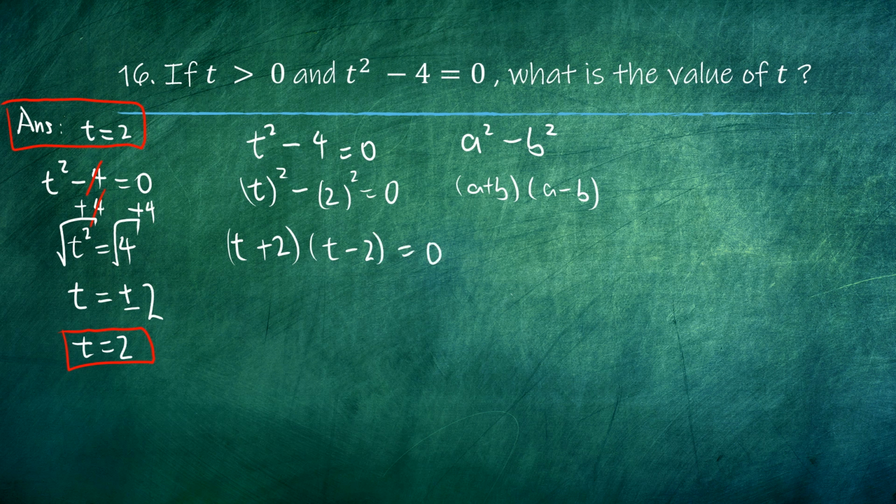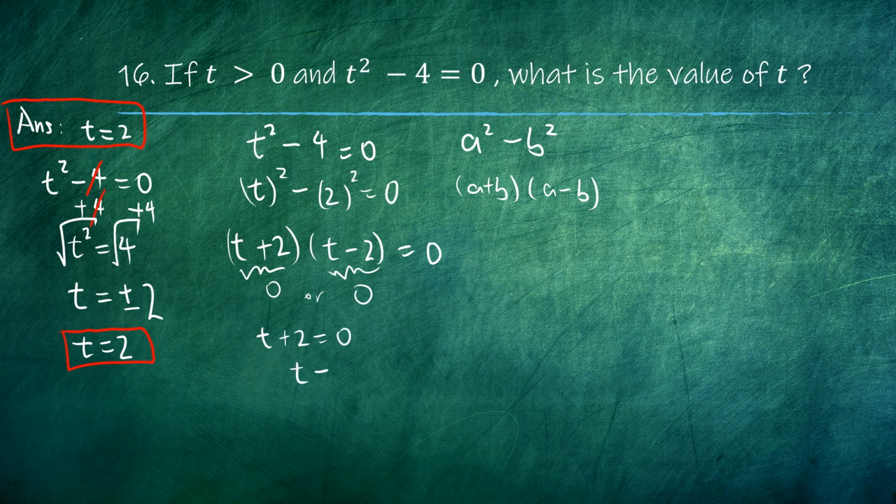And the only time when this is 0 is if one of these is 0, right? Because anything times 0 will give us 0. So if this is 0 or this is 0. So let's solve for the first one. t plus 2 is equal to 0.